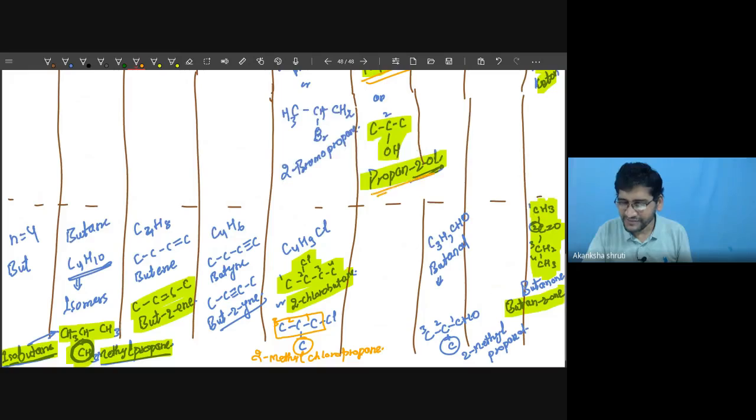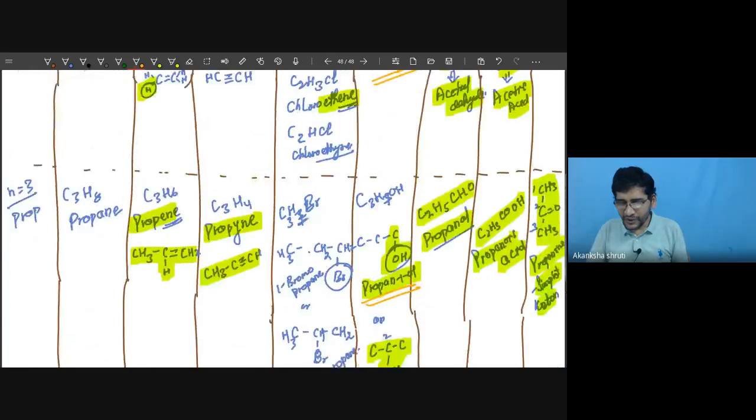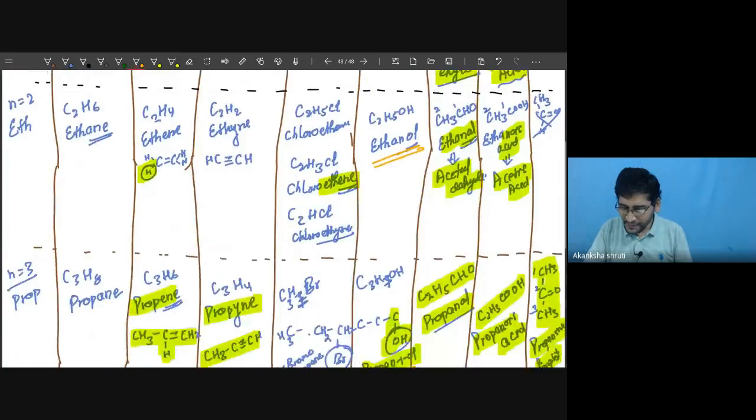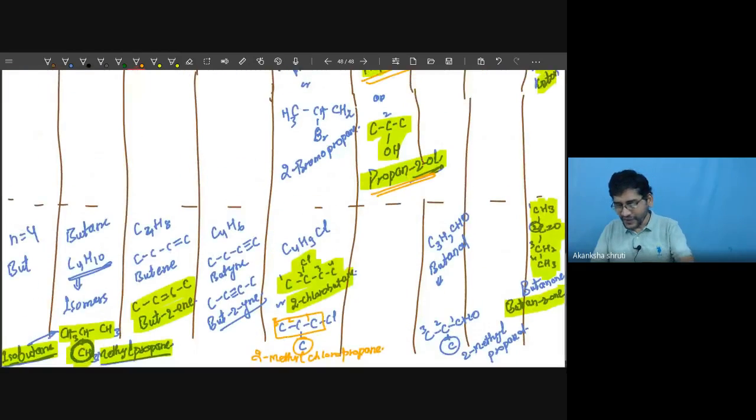So for a particular functional group, different compounds are written, and such a set of compounds for one particular functional group is called a homologous series.